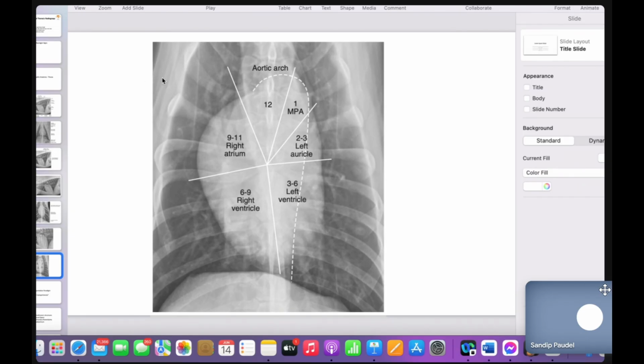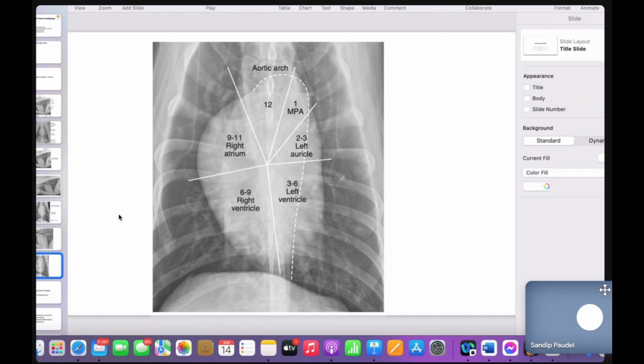This is the right part, this is the left part. This area is the left atrium, this is the right atrium and right side, this is the left ventricle, and this is the right ventricle, and down there is the diaphragm. So this is the normal structure. I hope everyone knows, but we have to look in a little more detail to understand more.